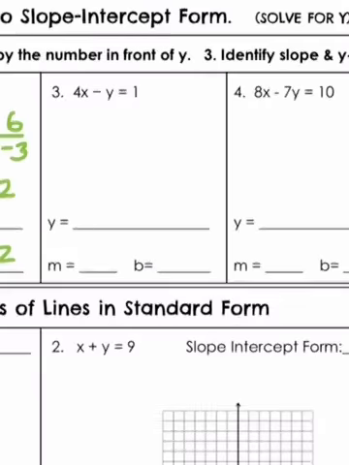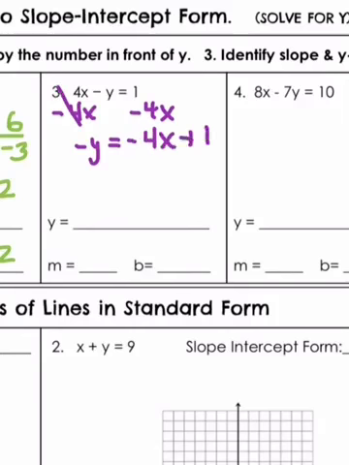All right, the next one. Same thing, we're going to subtract 4x from both sides of the equation, bring down our negative y, so negative 4x plus 1. And then this one, the y is not by itself because it's a negative y, which is basically a negative 1y, so we're going to divide everything by negative 1.